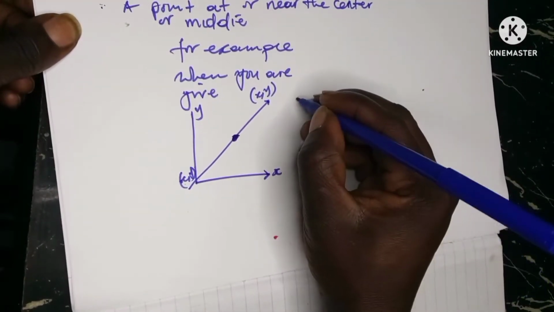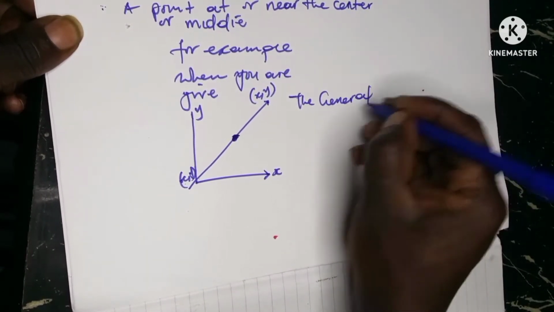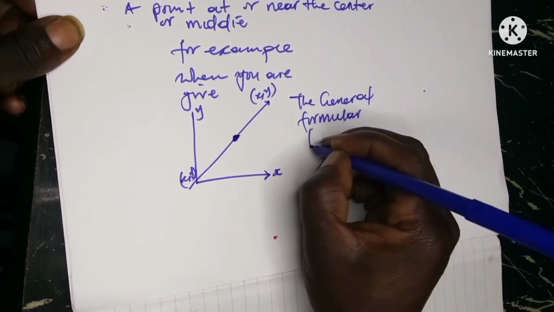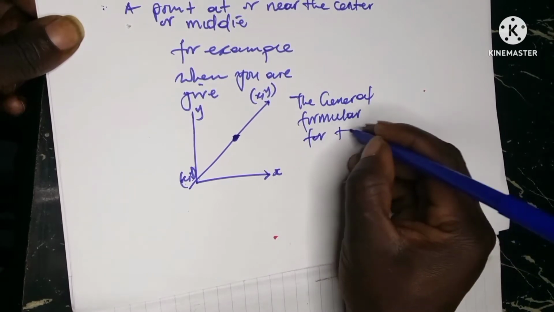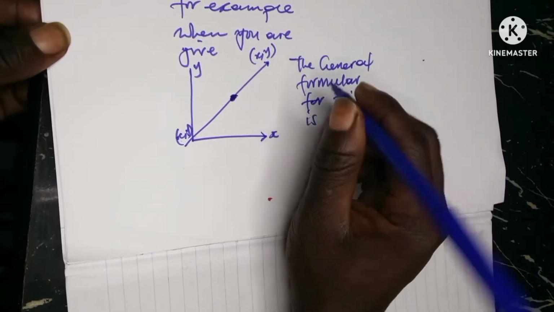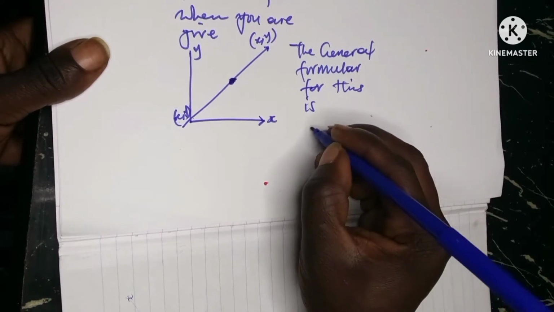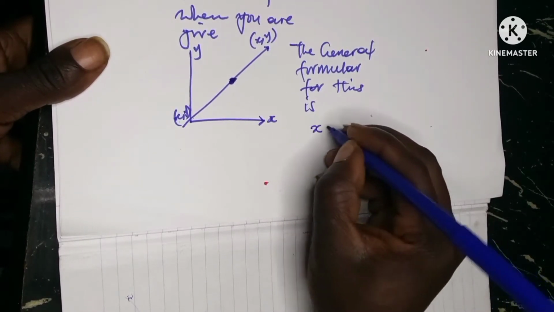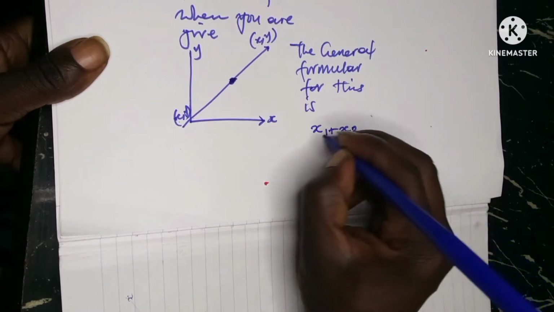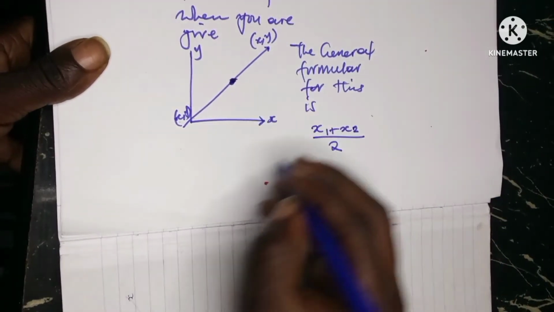The general formula for this is xm equals x1 plus x2 over 2, since it is at the middle.